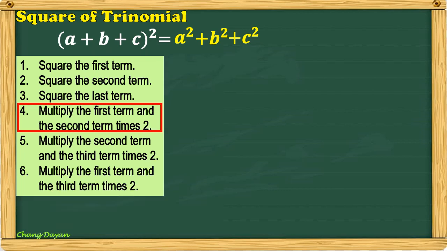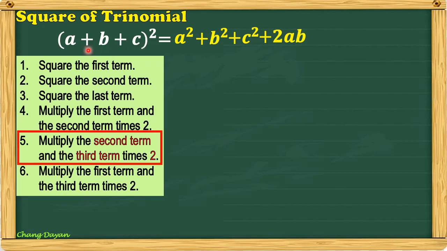Next, multiply the first term by the second term times 2. So you have a times b times 2, and we have plus 2ab.